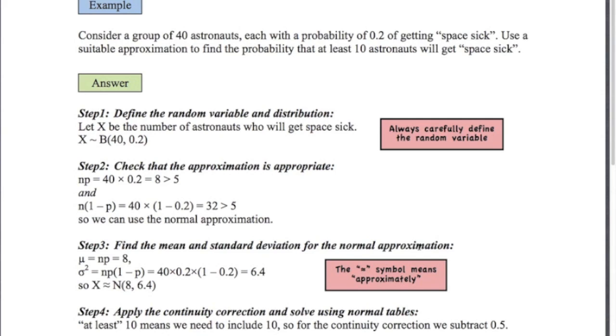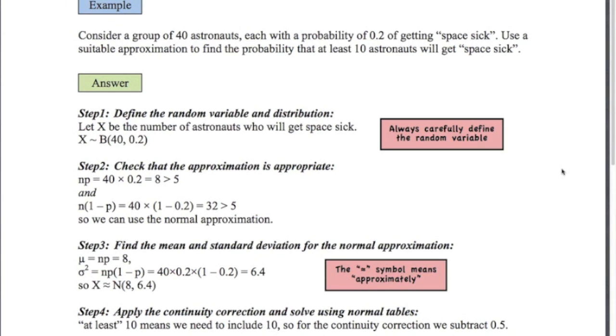Step 1, we need to define the random variable and distribution. So x is the number of astronauts who get space sick. This is binomial. It satisfies those 4 conditions. Either an astronaut gets space sick or he doesn't. Space sickness is independent. The probability is always the same, 0.2, and there's a fixed number of trials, 40 astronauts. So the underlying distribution here is binomial.